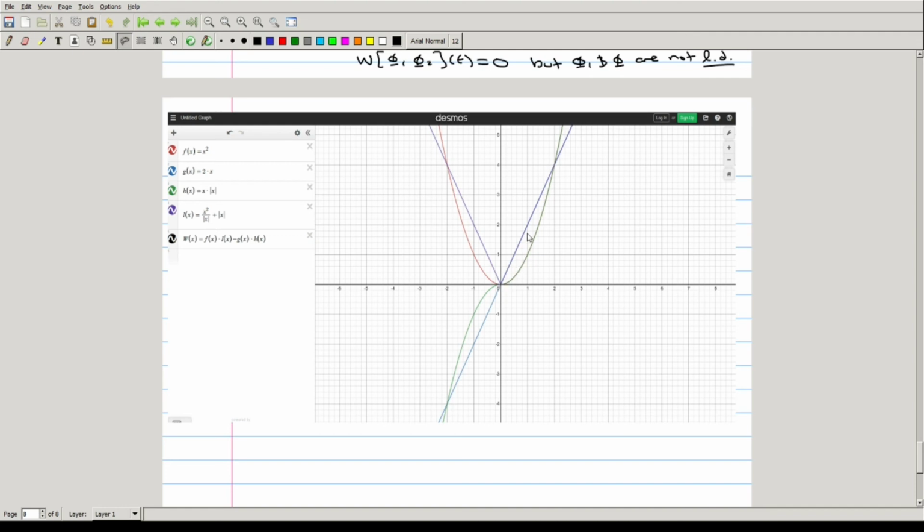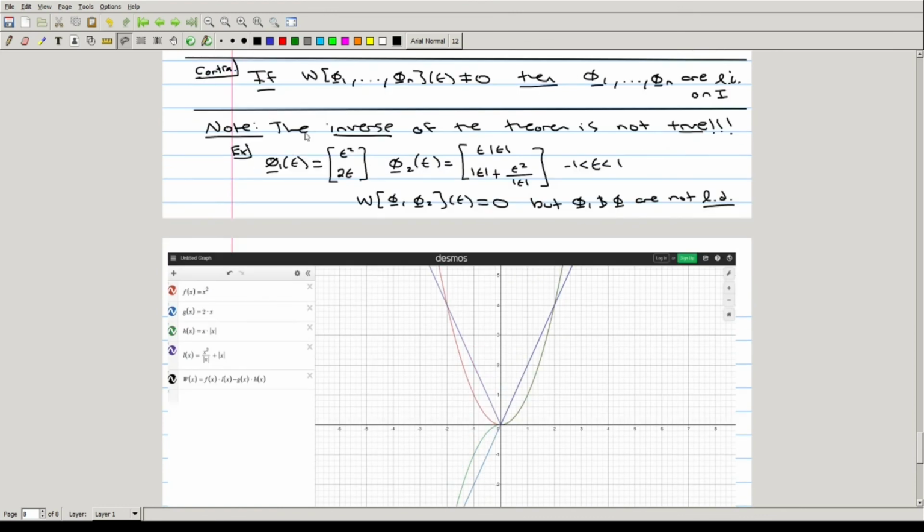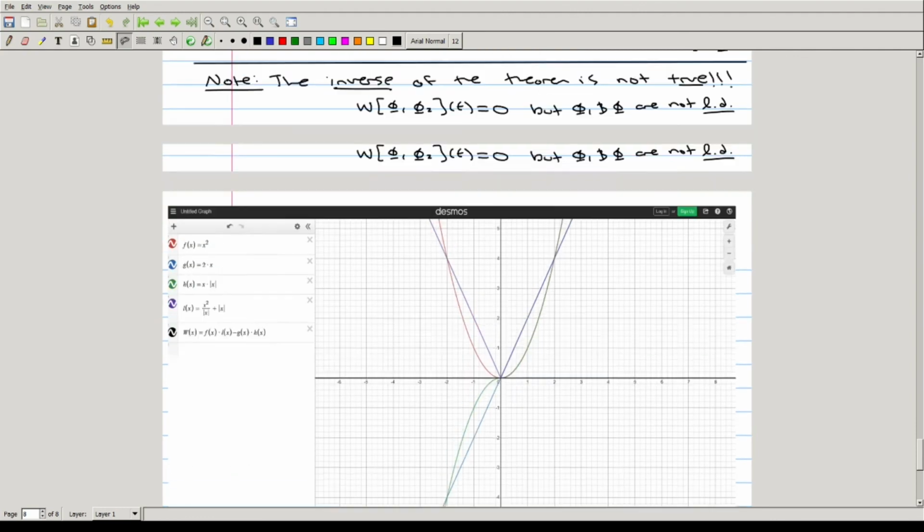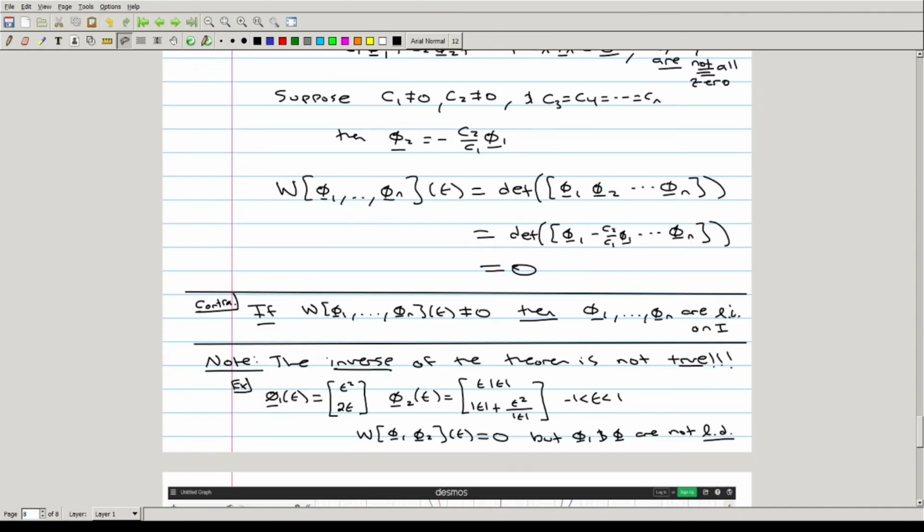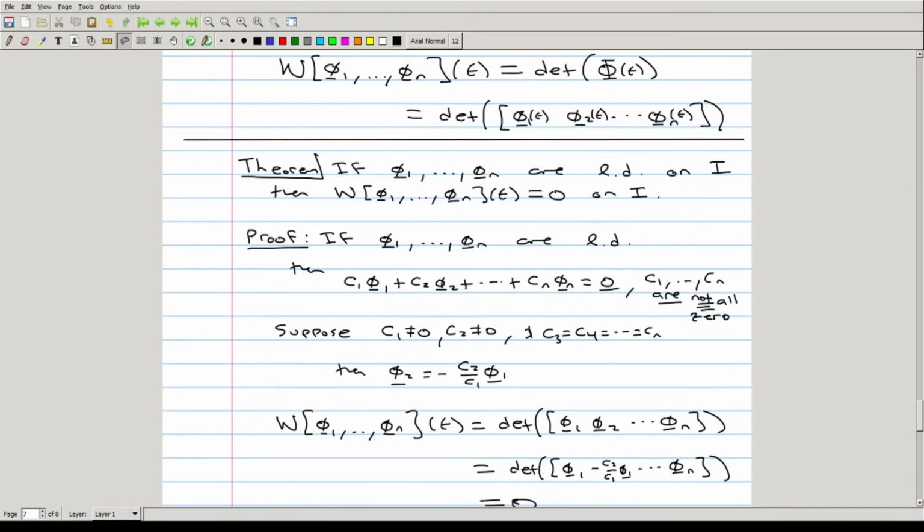If we restrict to positive t, they become linearly dependent. But including negative values of t gives us a very good counterexample to the inverse of this statement in general.